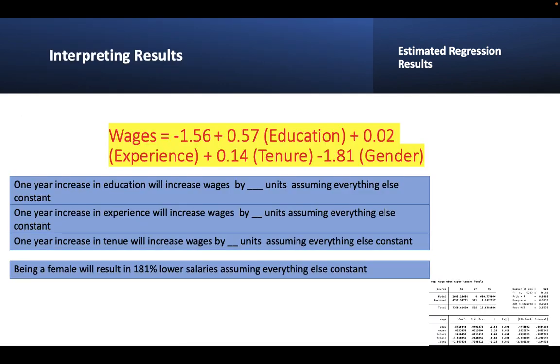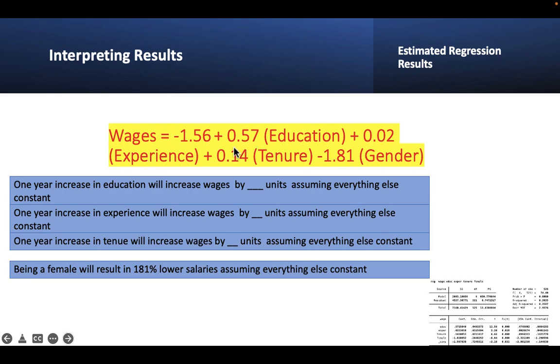So now that we've seen this, we can actually interpret what we found out. What we're saying over here is that when education increases by 1 year or 1 unit, wages increase by 0.57 units, assuming gender, tenure, and experience remain the same.